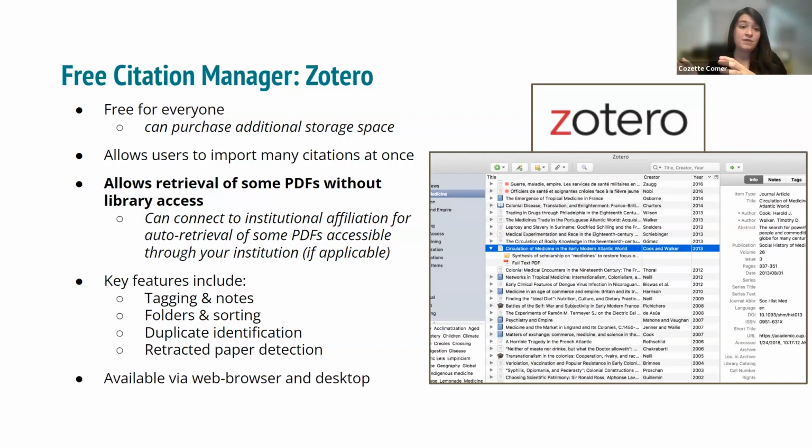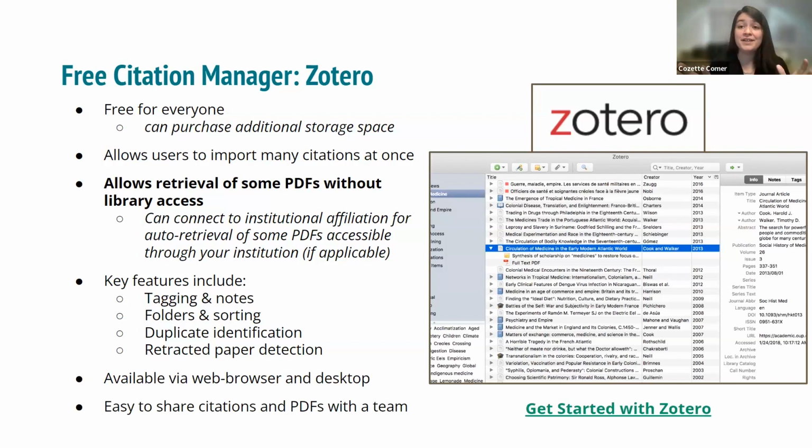This is available both as a web browser and as a downloadable desktop software. And it's a really great tool for sharing and collaborating as well. If you want to get started, we're not going to teach you how to do that today, but there is a link on this slide.